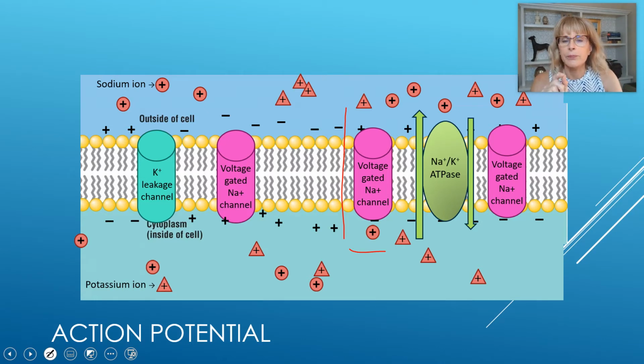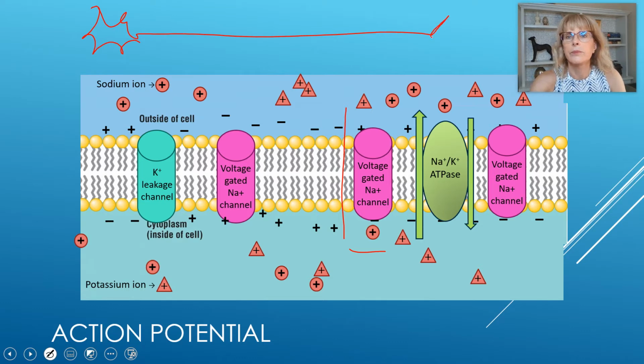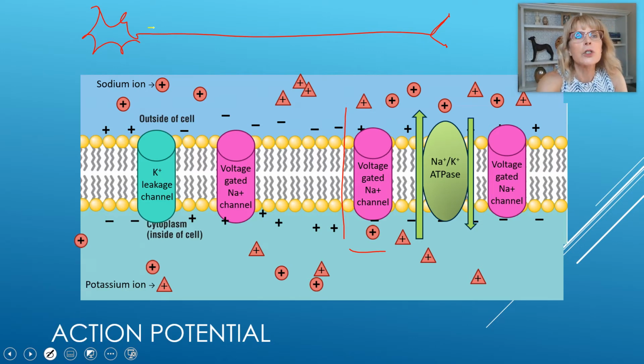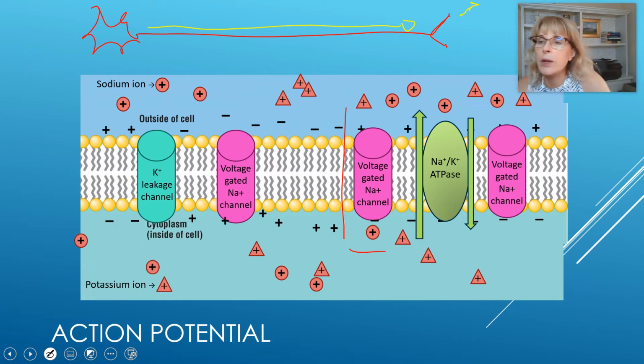But here's the thing. When we have an action potential, that's supposed to be a nerve cell, we want that action potential to travel this way. And we want it to end here. And then we want the cell to be able to reset its resting membrane potential.